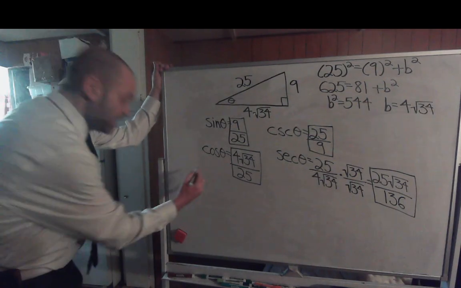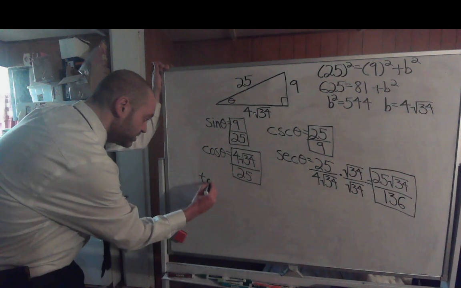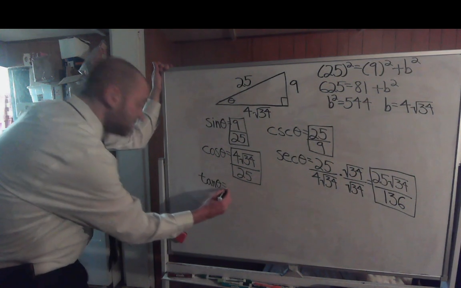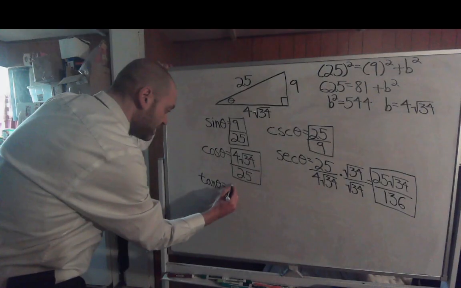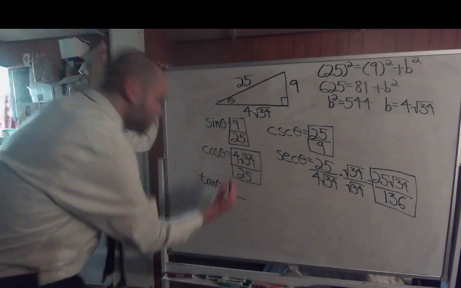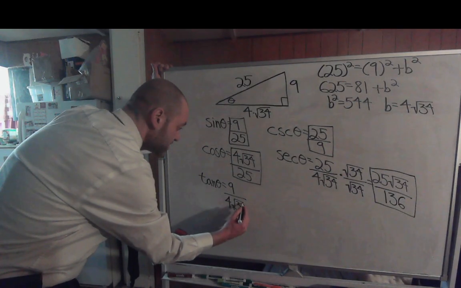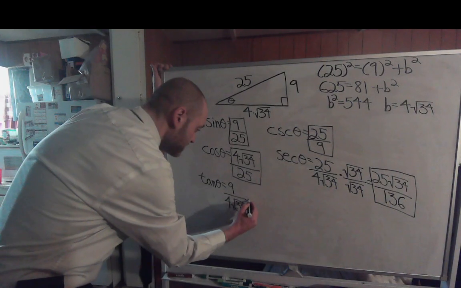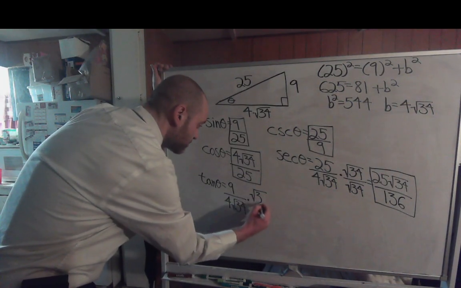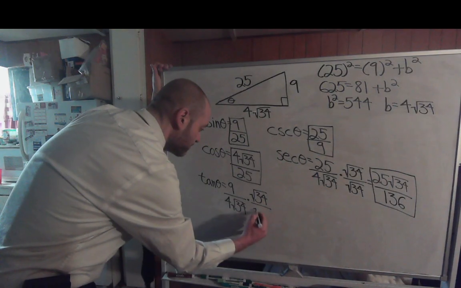All right, now let's find the tangent of theta. The tangent of theta equals the opposite side of 9 over your adjacent side of 4 times the square root of 34. So again, let's go ahead and rationalize the denominator. So times the square root of 34 over the square root of 34.